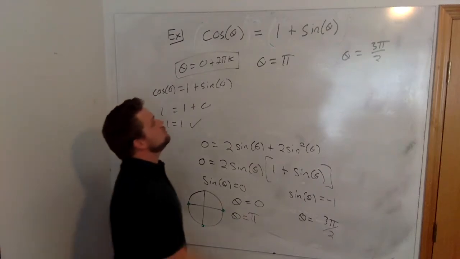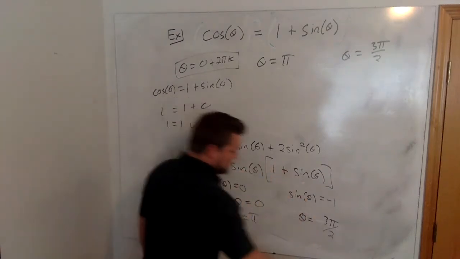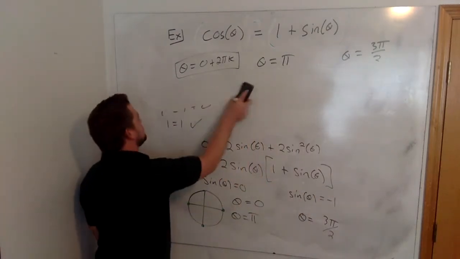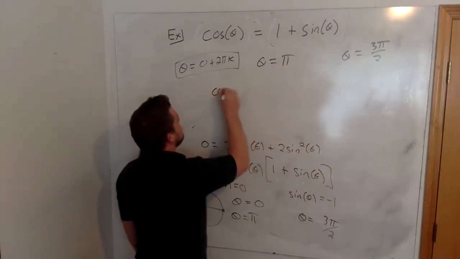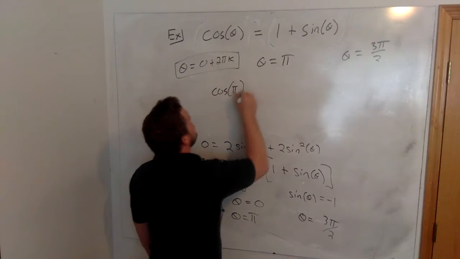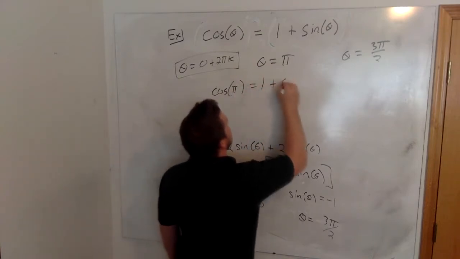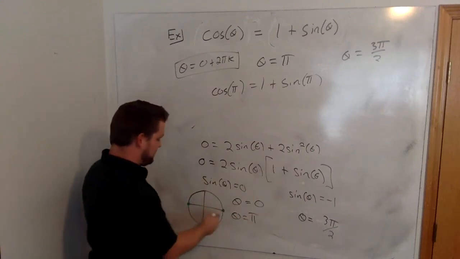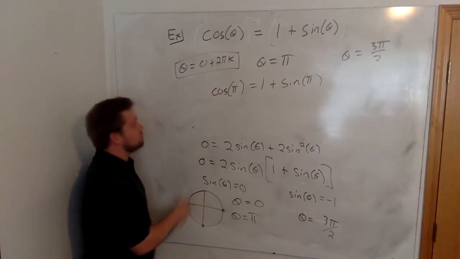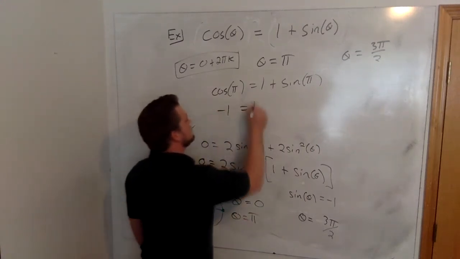What about theta equaling pi? Okay, we'll check that one. Well, we'll have cosine of pi equal to 1 plus the sine of pi. Okay, what's cosine of pi? Cosine of pi, the x-coordinate would be -1.